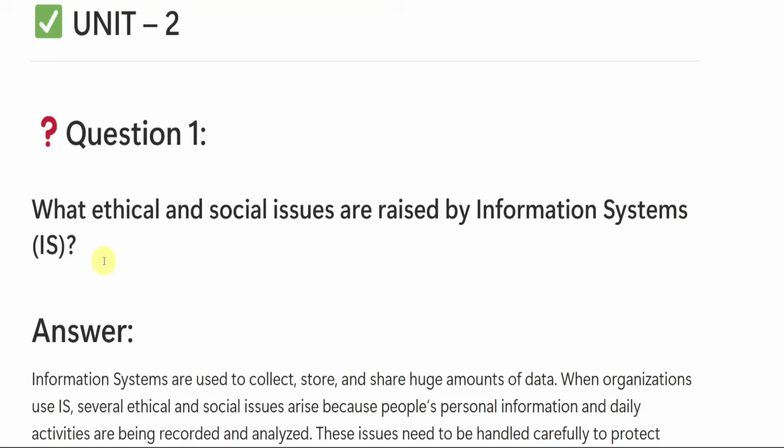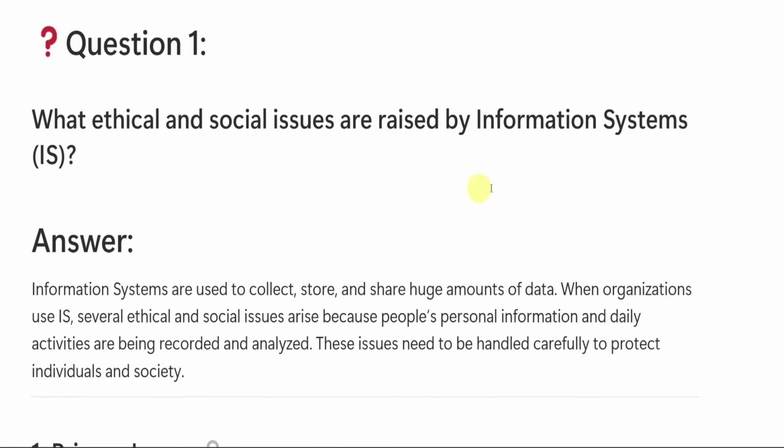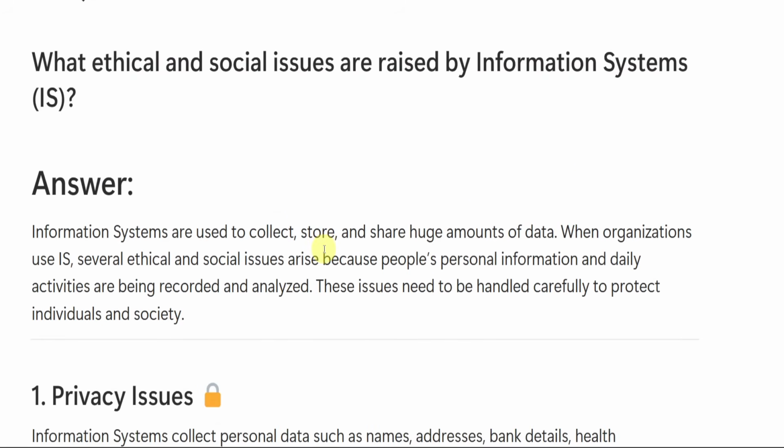So students, information systems store a lot of data about people, companies and daily activities. So naturally some problems also come. First, let us talk about what information systems are. Information systems are the systems which are used for collecting the data, storing the data, processing the data and also sharing the information.